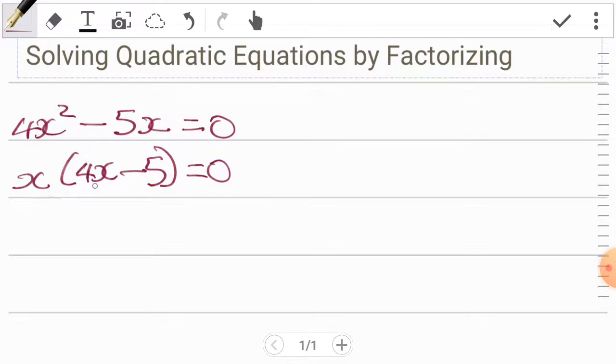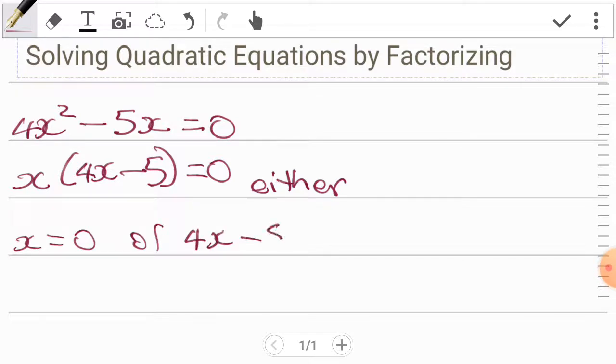The only time two things can be multiplied to give 0 is if one of them or both of them is 0. So the logical thing to say is either x is equal to 0 or 4x minus 5 is equal to 0. Well, this is already a solution where x is equal to 0.